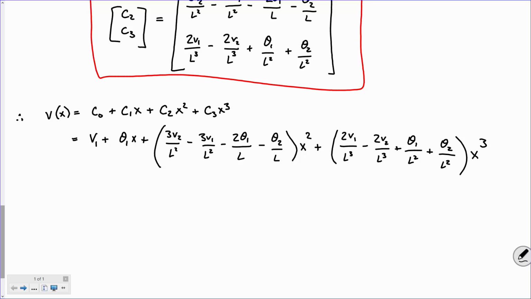I'll try and use a little bit of color with this. Let's start off with the V1s. Let's see everywhere we see a V1. I see a V1 right here, one right here, one right here. Okay? So watch this. What is V1 multiplied by on this first term? 1. Okay? What is V1 multiplied by on the second term? Minus 3. There you go.